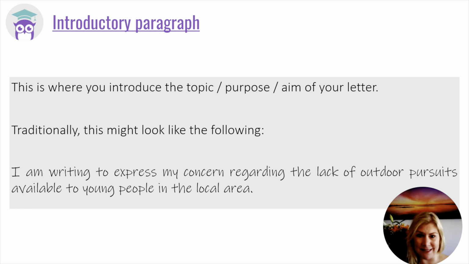You're not limited to that. You can use more of a hook as long as you manage to maintain formality. Okay, that's the most important thing. Maintain formality and ensure that that opening couple of sentences does very clearly explain to the reader what the function of the letter is, why you're writing it.